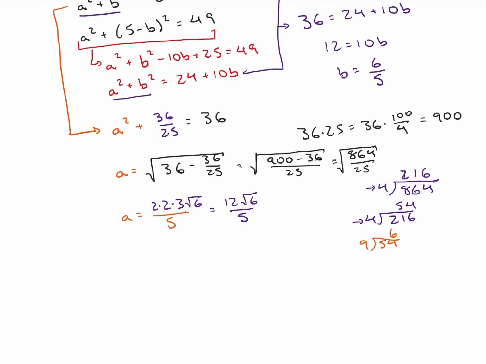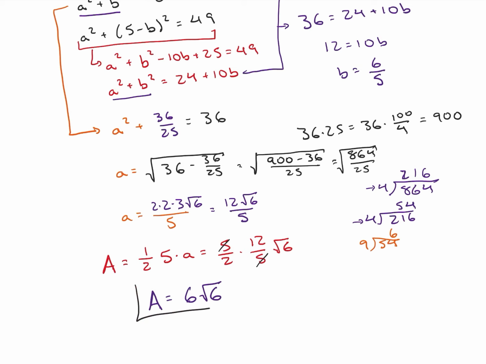So the area of our triangle is going to equal 1/2 times 5 times A, which is 5 over 2 times 12 over 5 root 6. So my 5's cancel. I can take out a 2 from the top and bottom, and my final answer is 6 square root of 6. So my total area is going to be 6 square root of 6.